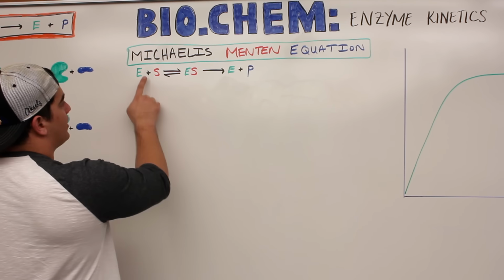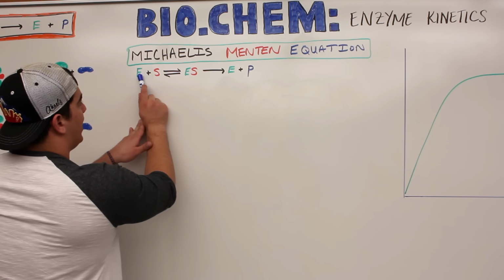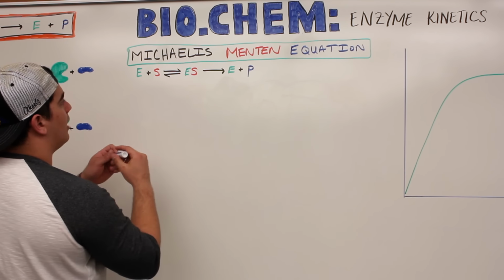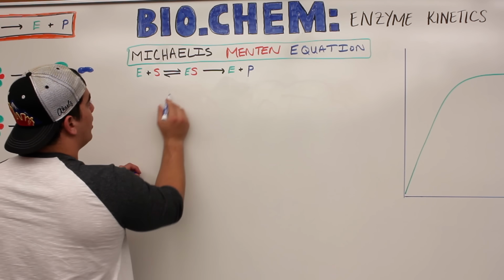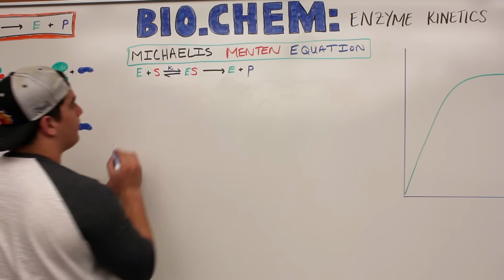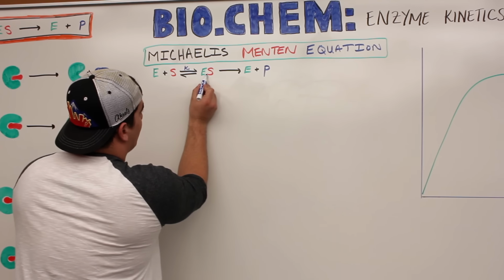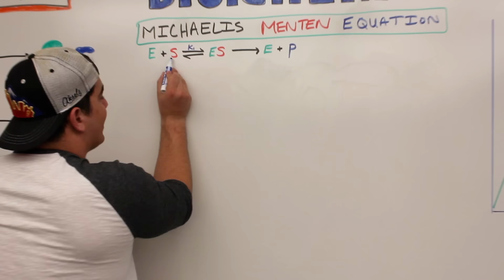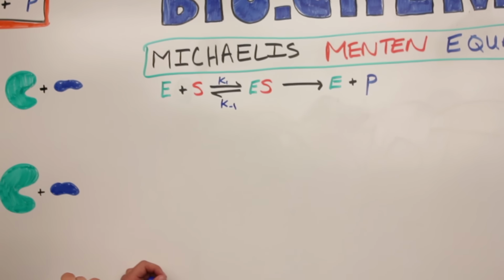So what we can say is the constant, or the rate at which the enzyme and the substrate are turning into enzyme-substrate, we can denote this arrow going towards enzyme-substrate as K1, right? Then we can denote the enzyme-substrate dissociating back into the enzyme and the substrate as K-1, okay?